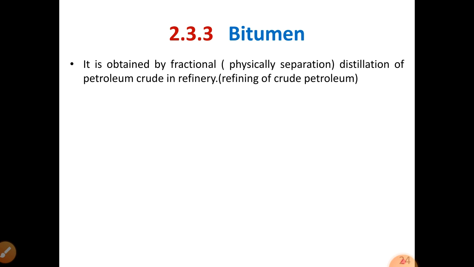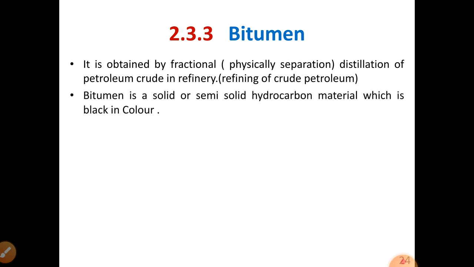That means bitumen is a product which is obtained by refining of crude petroleum. Bitumen is a solid or semi-solid hydrocarbon material which is black in color.